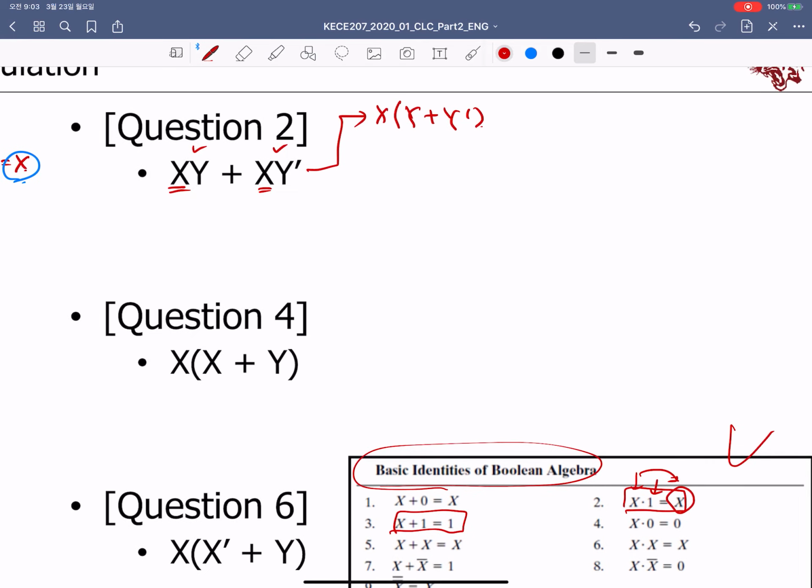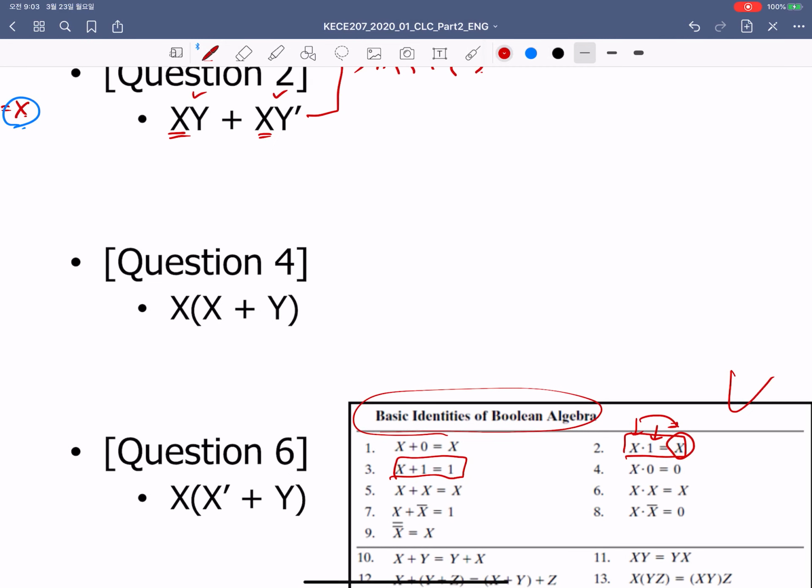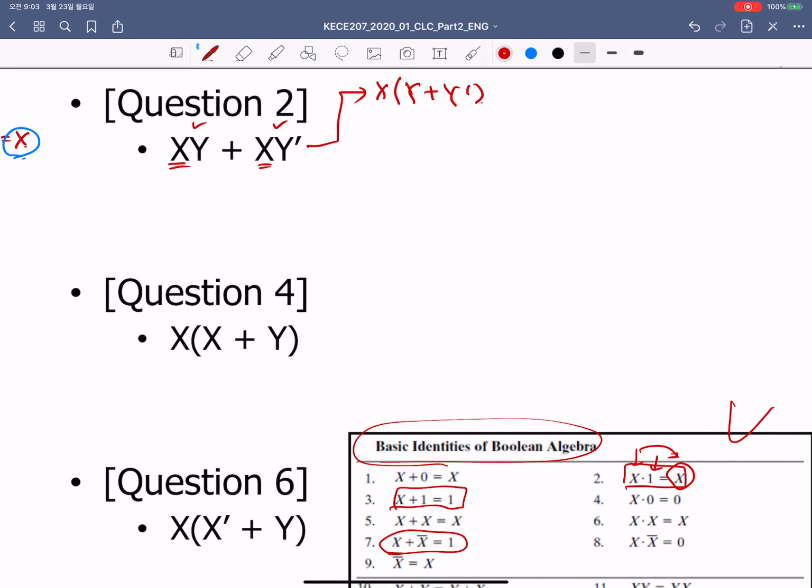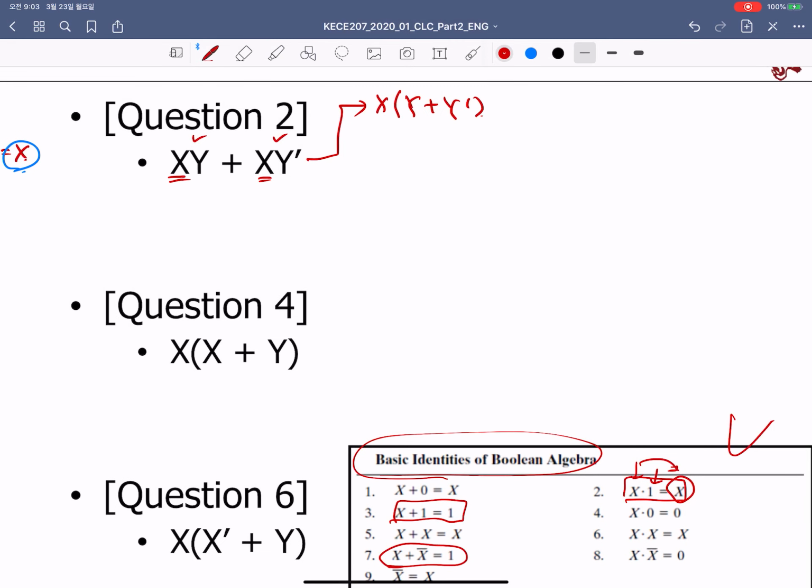Here you have x plus x complement equals 1, so this becomes 1. So this becomes x dot 1, which becomes x, as we did in the previous example.